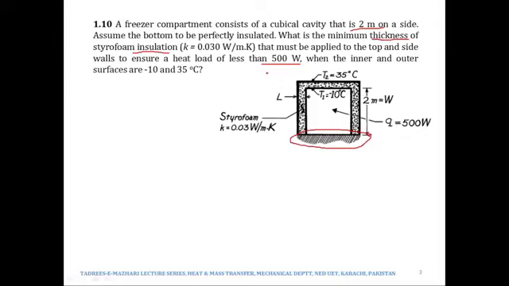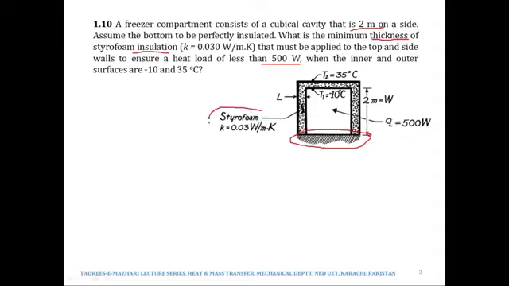So if the total heat transfer is to be less than about 500 watts, then what should be the thickness? Because it is a freezer compartment, heat will flow from the outside to the inside, which needs to be reduced, which needs to be stopped. In order to accomplish this, the walls will be coated with some sort of insulation.